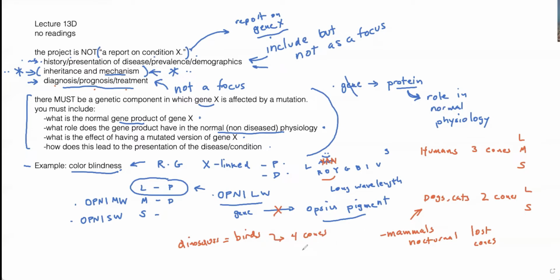Birds' color vision is way better than ours. They're able to detect a broader spectrum and able to detect colors with greater precision compared to humans. Right?